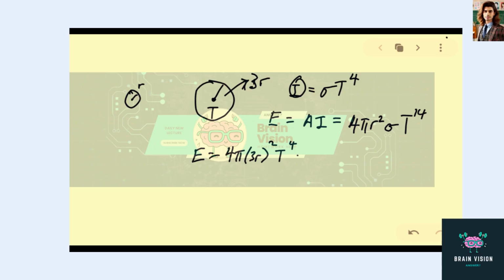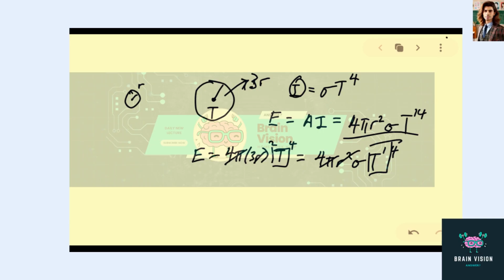Now we equate this to the energy of the hotter star, and what we want is to find T prime in terms of T. So we get rid of the constants. We can get rid of r squared, so we're left with only 9.